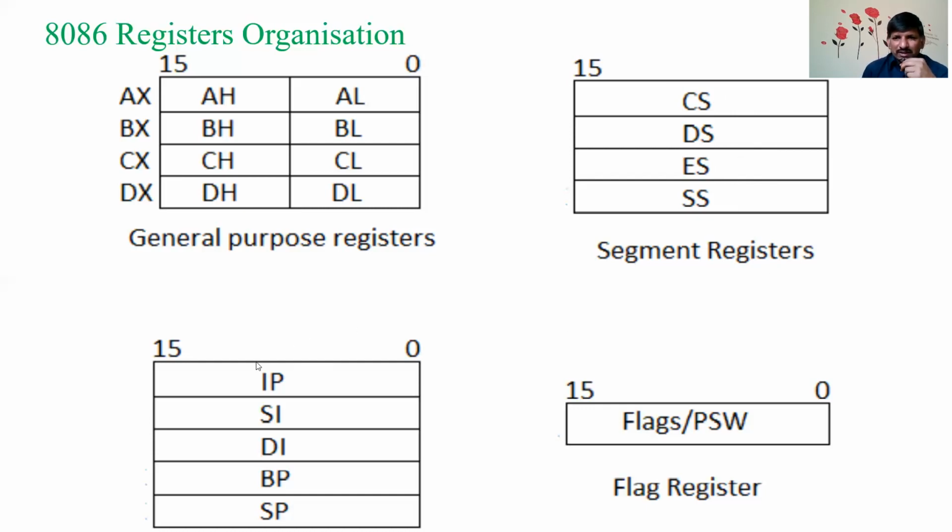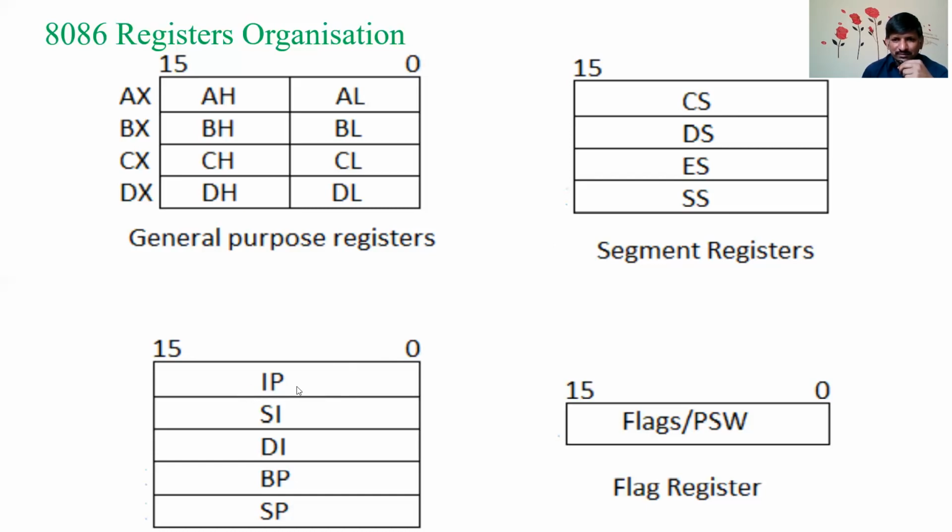Some more special registers are the instruction pointer, which stores the offset address of the code segment, or instruction. Instruction offset address is stored in the instruction pointer. Pointing means address, instruction pointer.